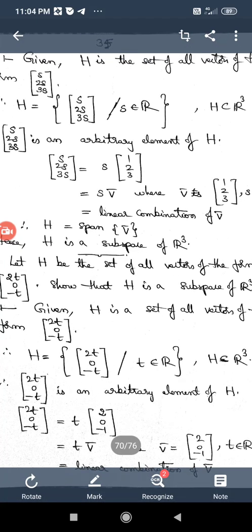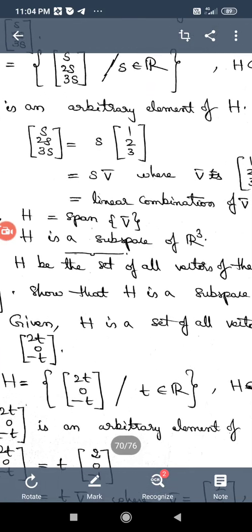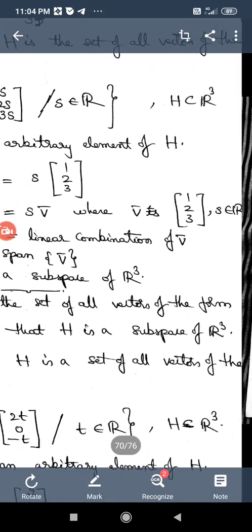Now if we write this H in set builder form, or in notational form, we can have H equal to the set of all column vectors consisting of the entries S, 2S, 3S in a column, such that S belongs to the set of real numbers.